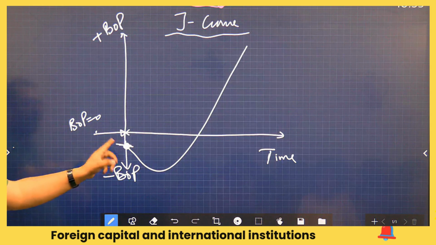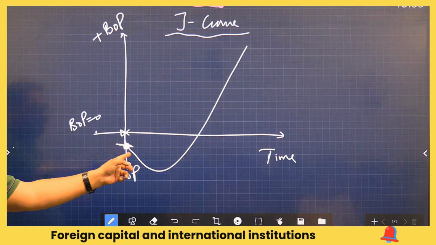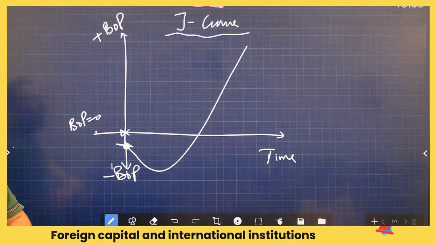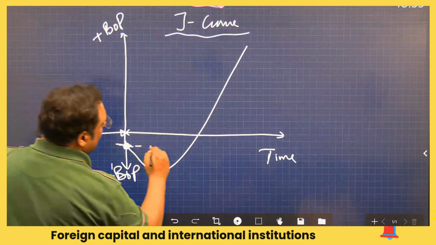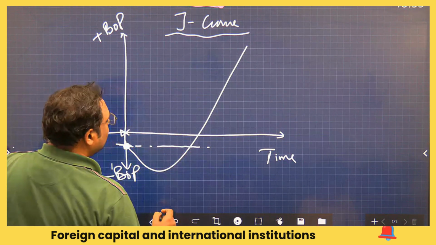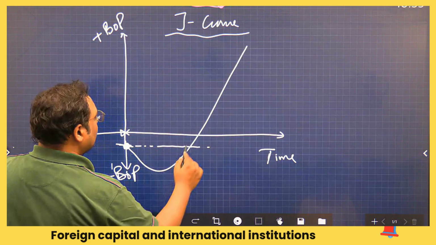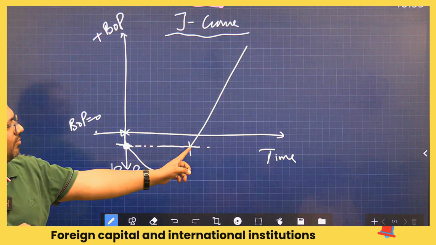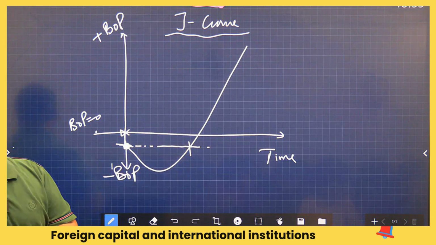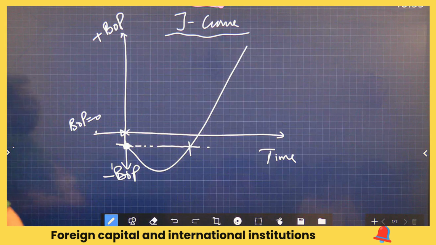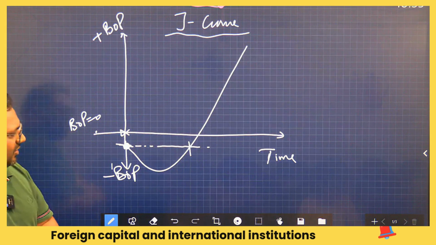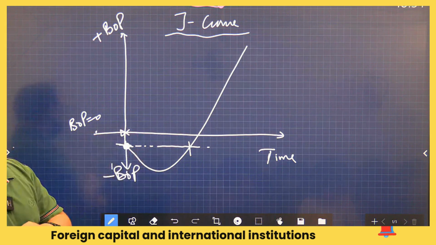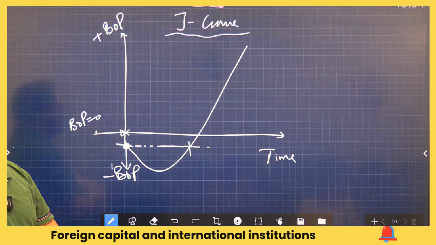Now the idea is, in the beginning BOP goes into further deficit, and it takes certain time before it can start recovering and surpass the previous levels.